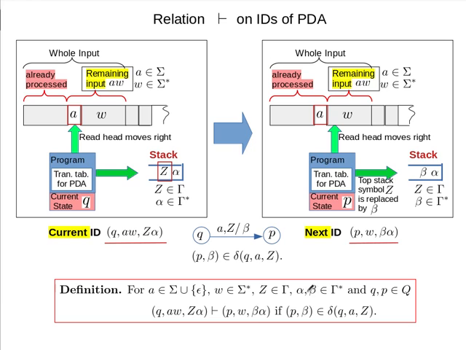That is why they are strings over this capital gamma. Okay, and these are states. P and Q are states in this capital Q.